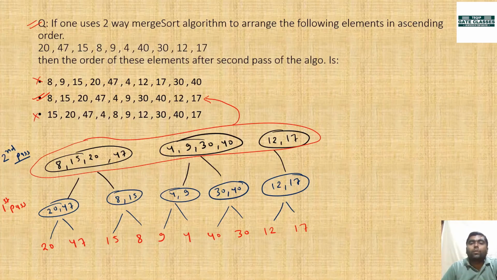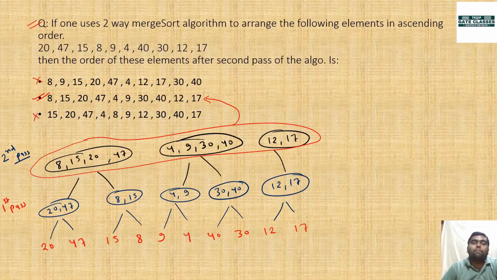The overall time complexity of merge sort algorithm is order of n log n, because the recurrence relation is T(n) = 2T(n/2) + theta(n), where theta(n) is for the merge procedure. A few important points related to merge sort: it is only suitable for larger size inputs, because if the list already has few elements, we are doing a lot of unnecessary work, as divide and conquer is a recursive procedure.